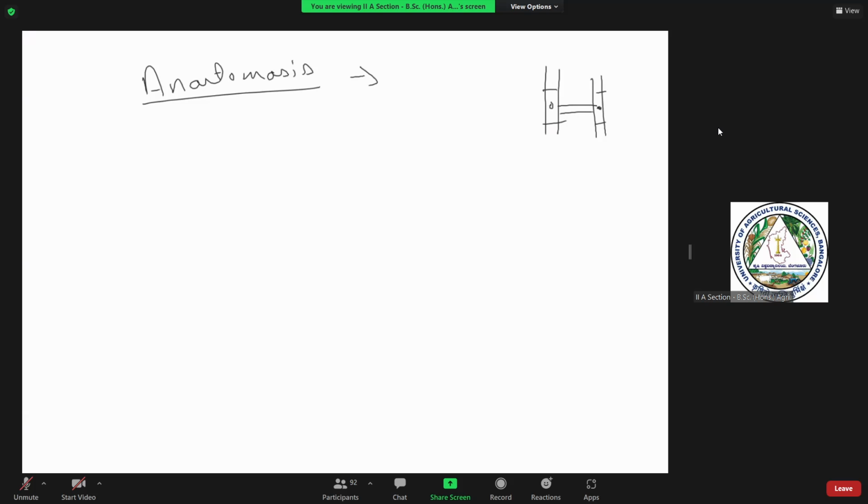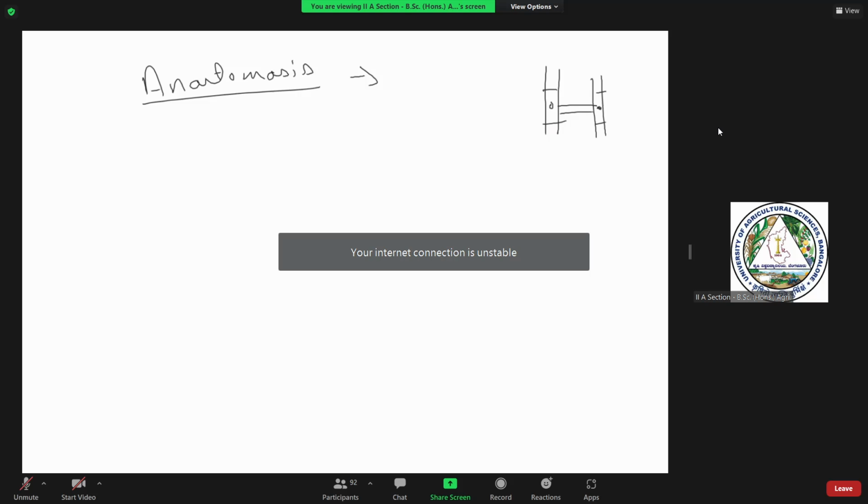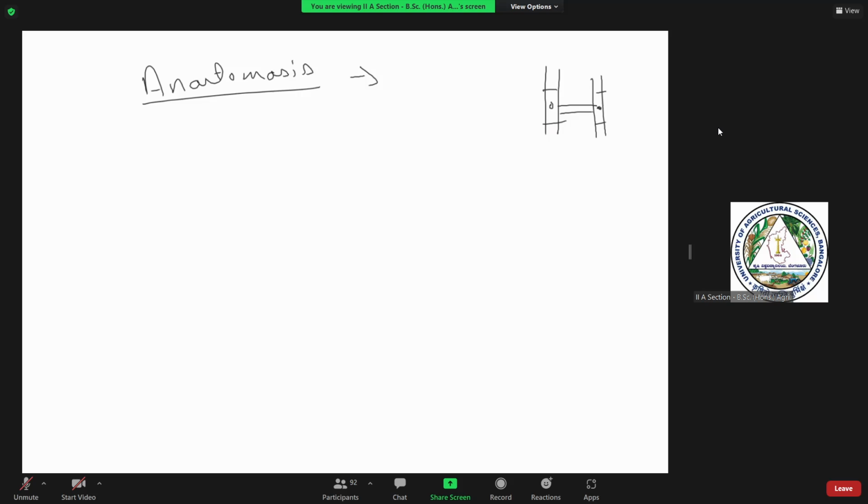So anastomosis is the fusion between the branches of two hyphae. Rhizoctonia solani normally forms anastomosis.